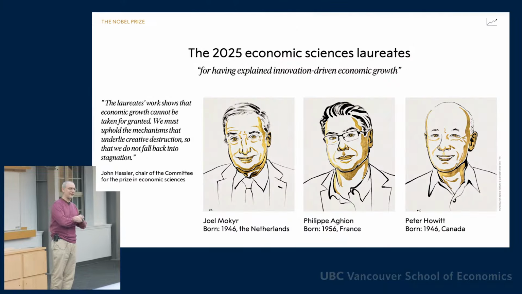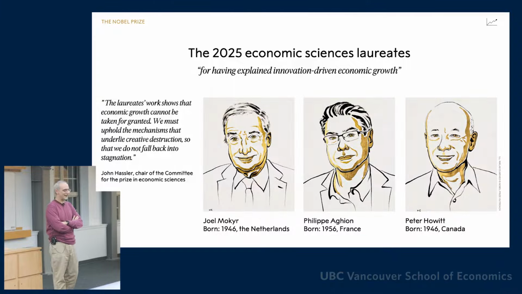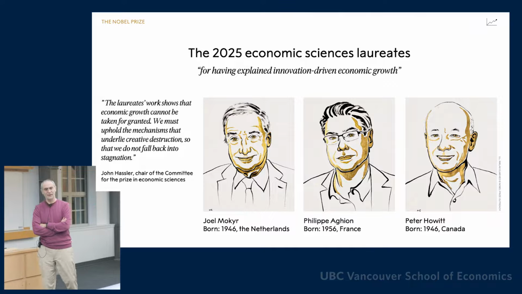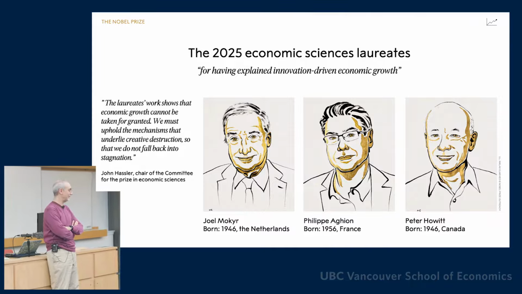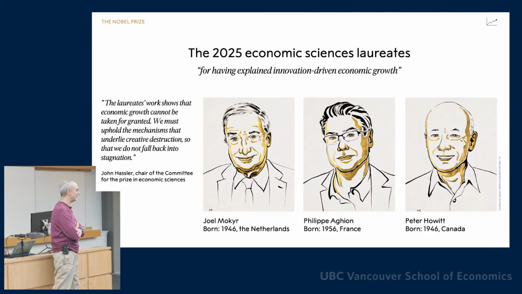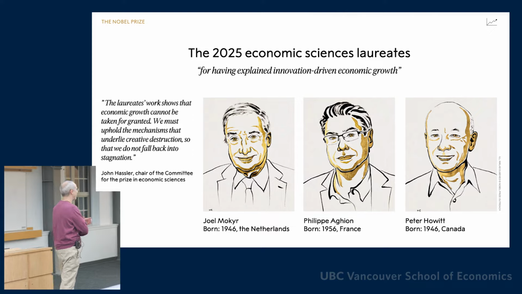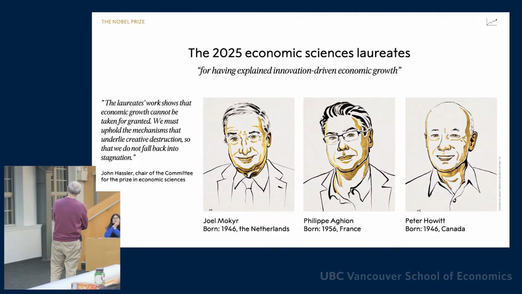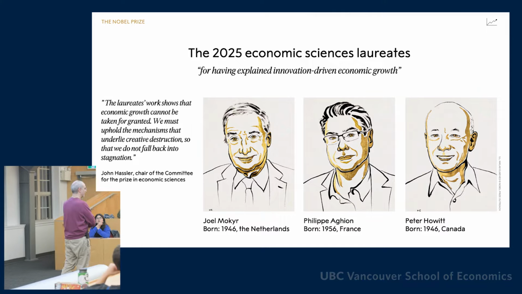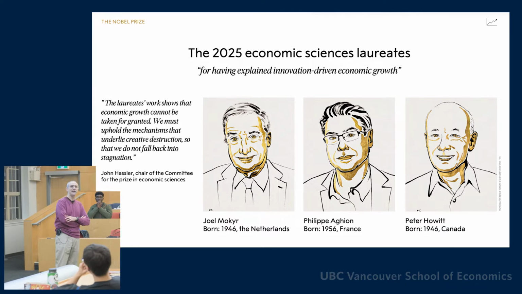So this year's Nobel Prize went to 3 people. One half of the prize went to Joel Mokyr of Northwestern University, as Oki has mentioned, my doctoral dissertation advisor. And the other half of the prize went to Philippe Aghion at Harvard for most of his career, although he's now at Collège de France.